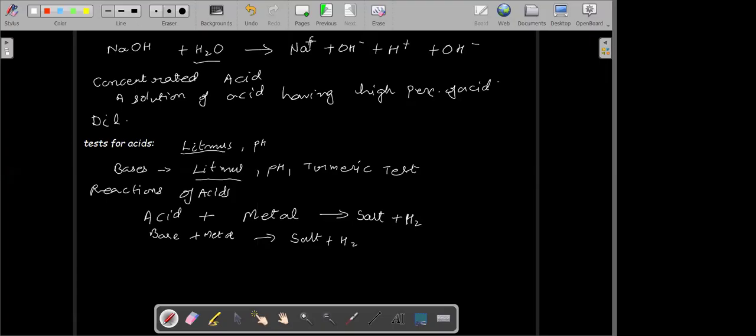Lakshmi, are you there? Yes, sir. Okay, so what is the formula of sodium aluminate? You should remember this. Some typical ones which you should remember. It is NaAlO2. Okay, so now we'll write this reaction and balance this.